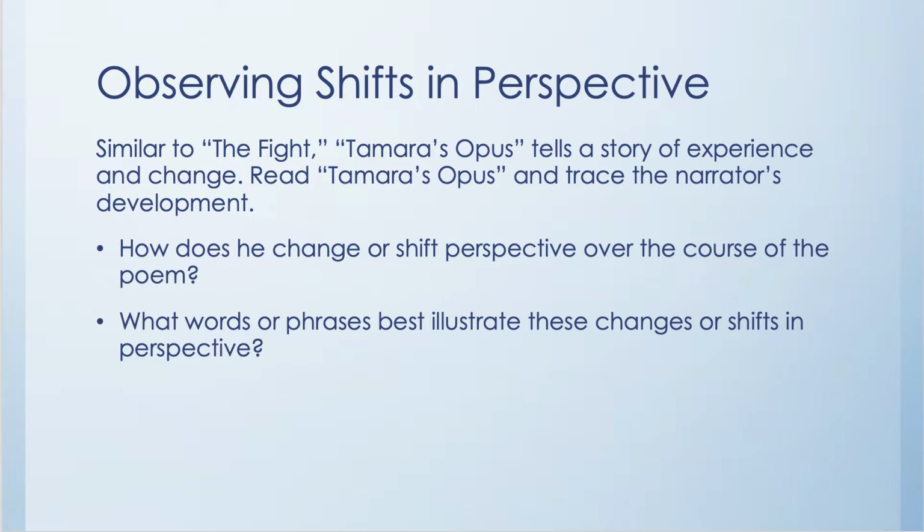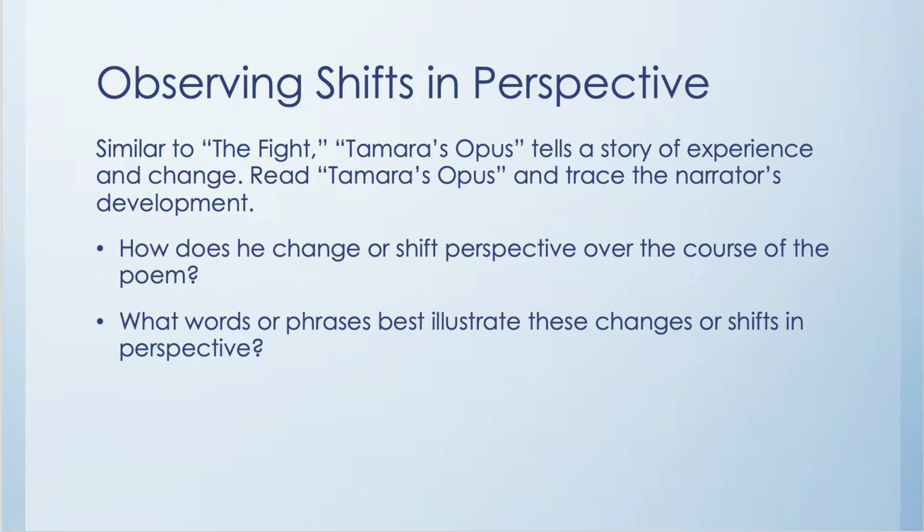Now we're going to observe the shifts in perspective. Similar to The Fight, Tamara's Opus tells a story of experience and change. Read Tamara's Opus and trace the narrator's development. These are going to be your next two questions. You may want to read it once and answer the first question, read it again and answer the second, or you could read it once a little more slowly and answer both questions at the same time.